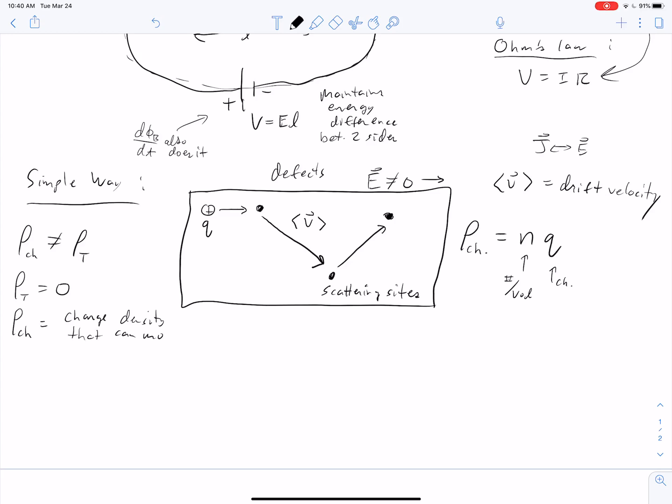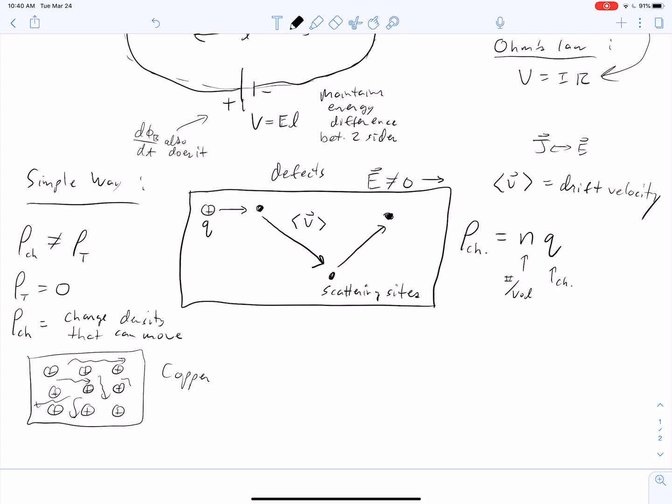This is an important distinction. If I take a chunk of copper, like a copper wire, then in the real world the nuclei of the copper atoms are positive, and that charge cannot move. Those nuclei are frozen in place. But the electrons are free to move in a chunk of copper.